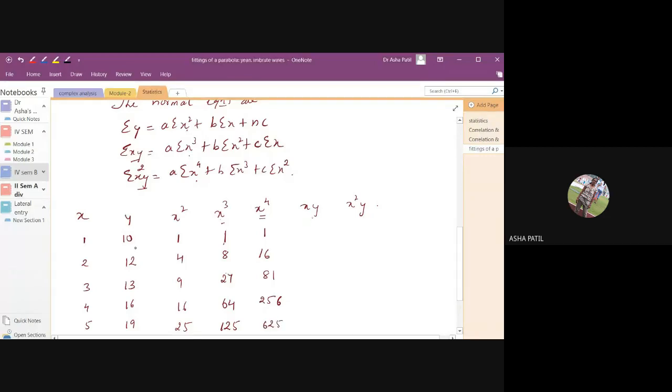Now go for x into y. 10 into 1, 12 into 2, 13 into 3, 16 into 4, 19 into 5, which is 95. Then x square into y: 10, 48, 13 into 9, is it 117?